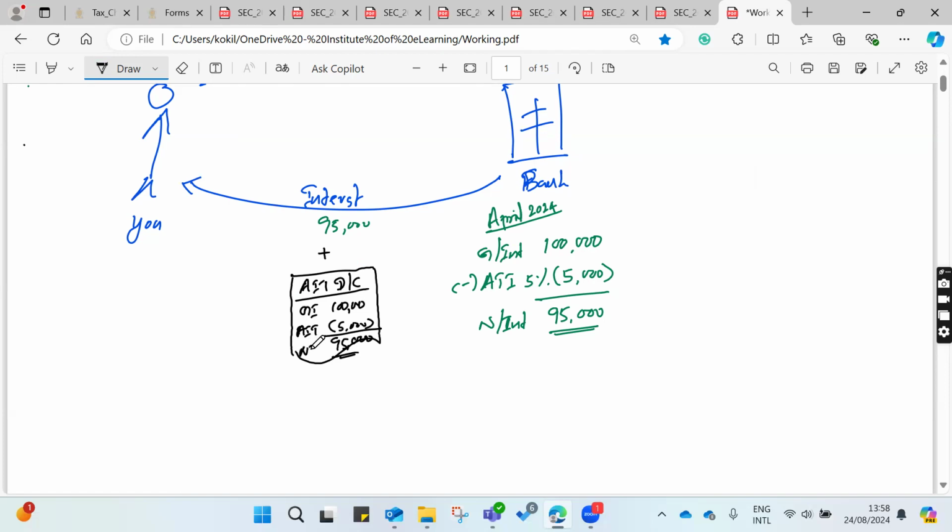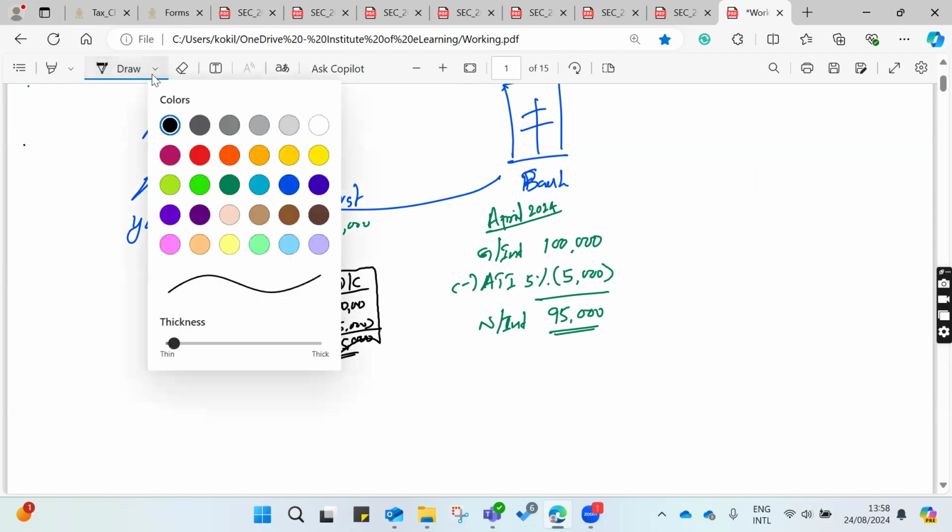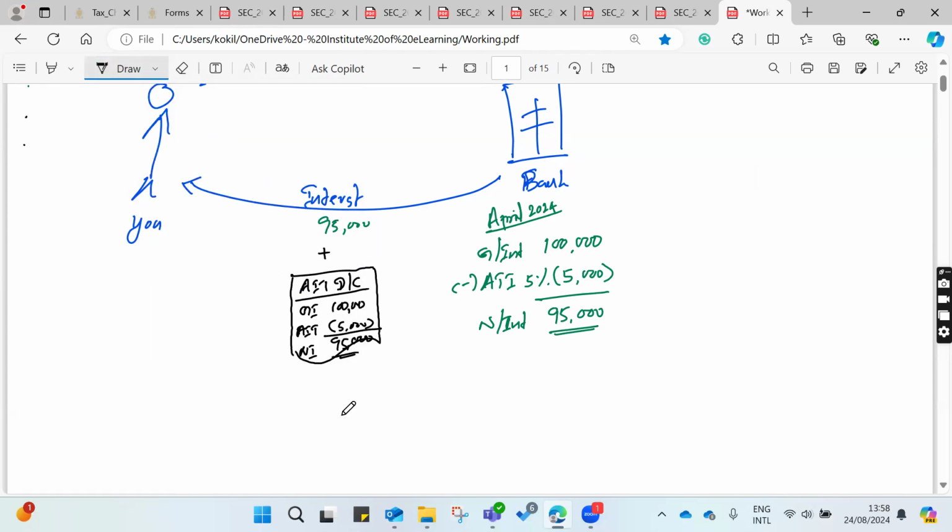This is also really important. This certificate the bank will issue on or before 30th of May 2024.